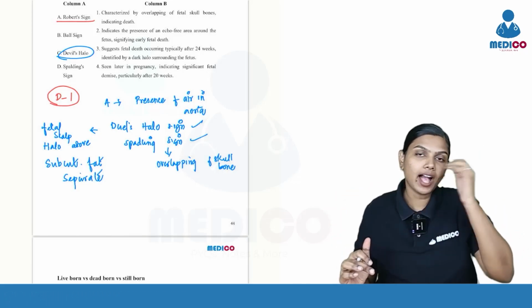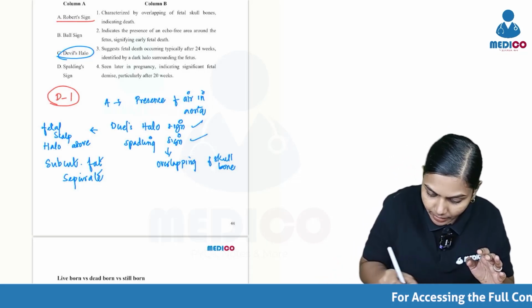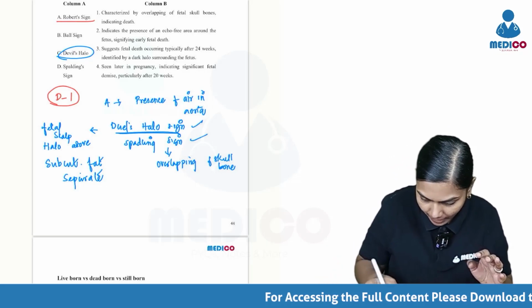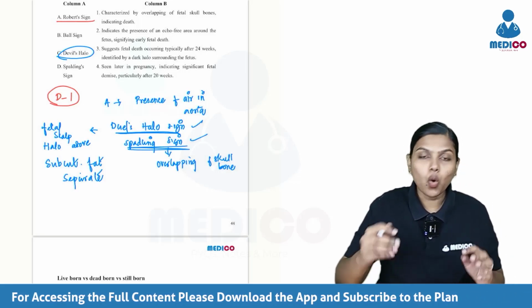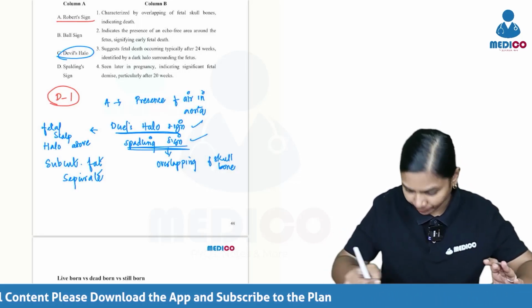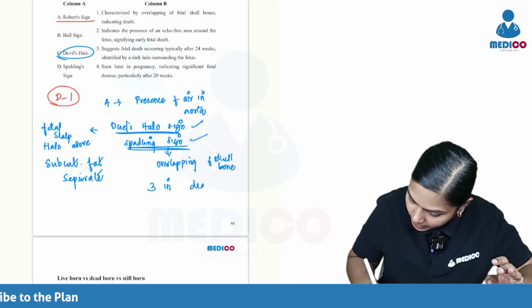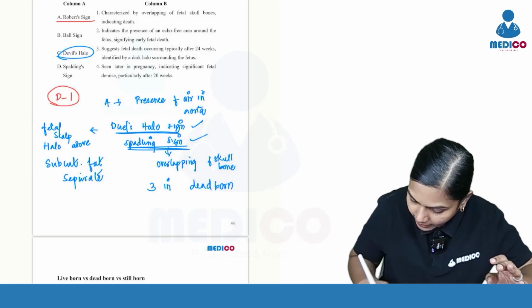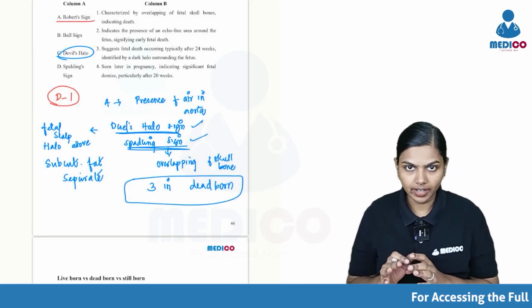It will look like a halo in the radiology. Clear? That is your Deuel's halo sign. And Spalding sign is nothing but overlapping of the skull bones. All these three signs will be seen in deadborn.